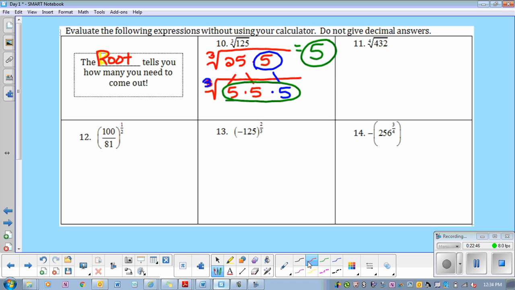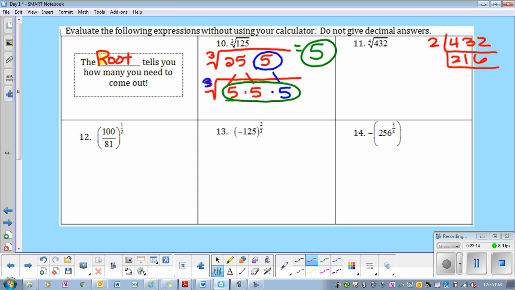Okay, so let's look at the 4th root of 432. If I break this down, what is it? Divided by what number? 2, so then that's 216.